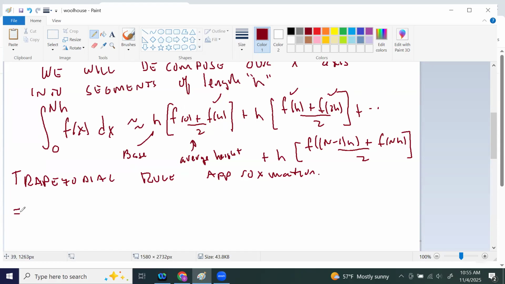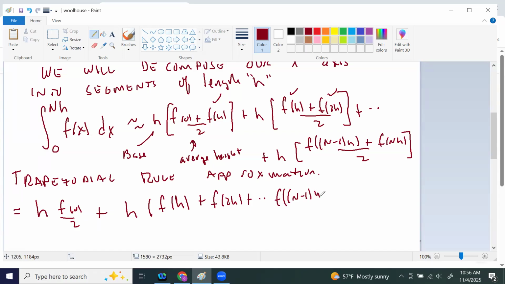So I can write this as h f0 over 2 plus, now I'm going to have all these h's here. Notice this appears twice, and it's division by 2, so those cancel. Again, there's a 2 down here, but that appears in two of these. So we go all the way down to the end, and then we get the very last one that only appears in one of the trapezoids.